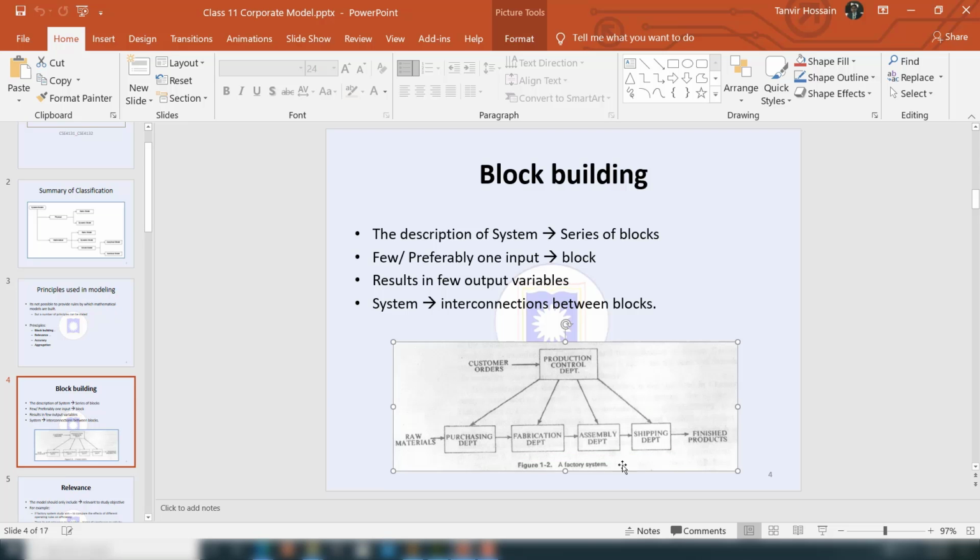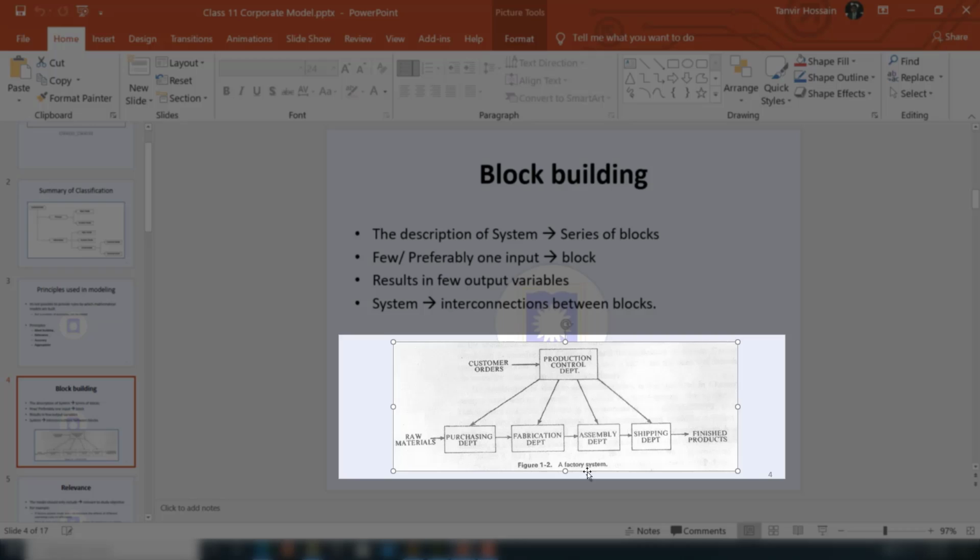So these 5 specific squares are the blocks of a specific system, here a factory system, and they are interconnected in various ways, and some of them have some inputs and some have some outputs. As you can see, each of the following blocks under the production control department has 2 inputs and 1 output. The production control department has 1 input and 4 outputs.